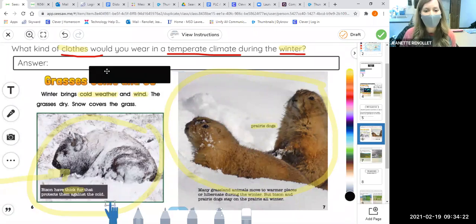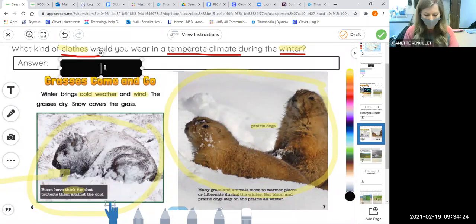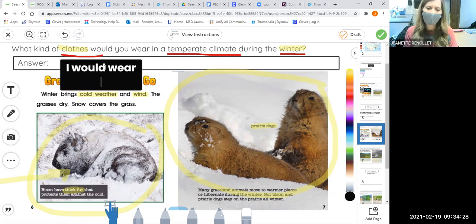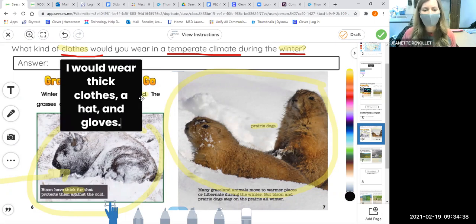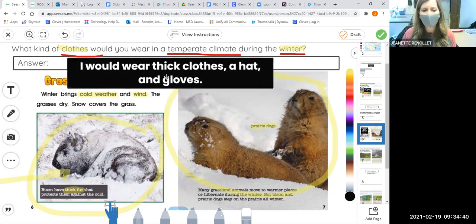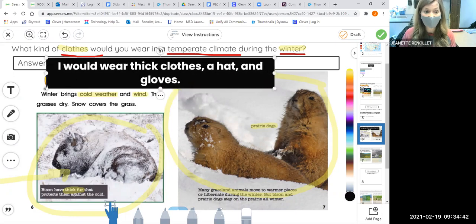So I can type my answer here. I would wear thick clothes, a hat, and gloves. That's an example of what I would wear in a winter in a temperate climate.